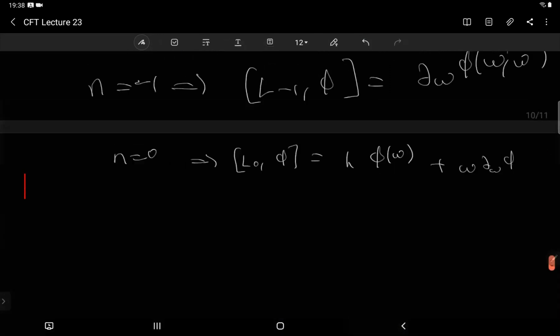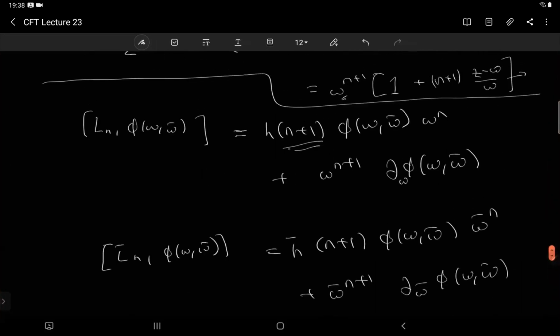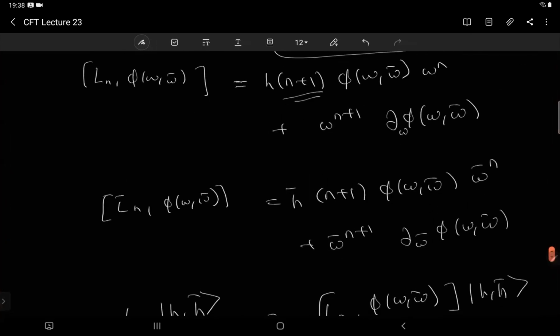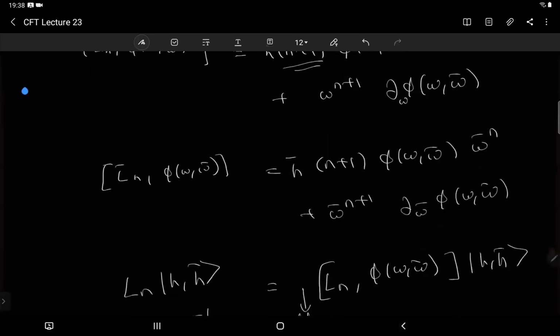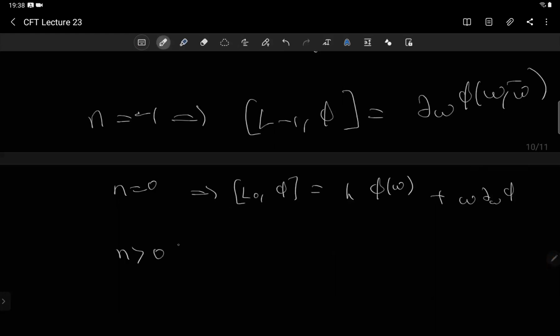Is that right? Because n equal to 0, so h times phi and omega to the power 0 is 1, and here you'll get omega del omega phi. And for n equal to minus 1, this term will only be del omega phi, and here there's a 1 by omega, but there's an n plus 1 term, so that will be 0. So these two. And then for n greater than 0, you'll get Ln comma phi.